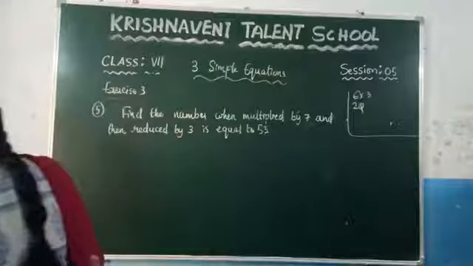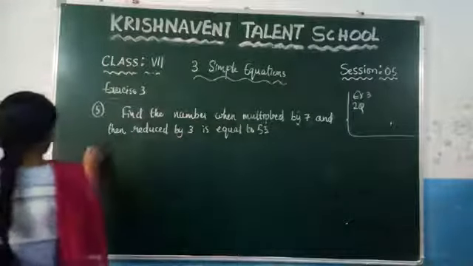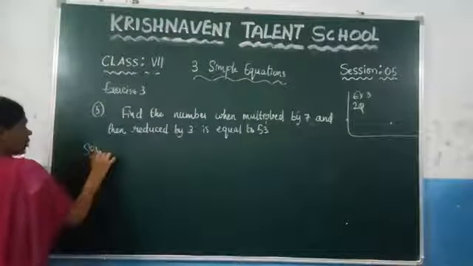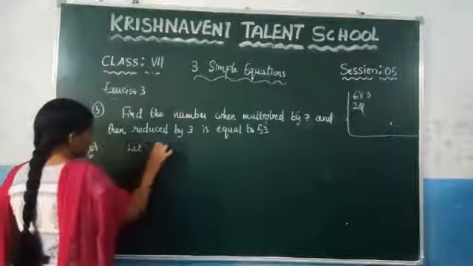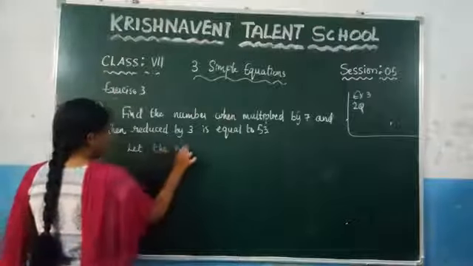You need to find what the number is. So here again we don't know that number. Let us consider that number as x. So first step, let the required number be x.